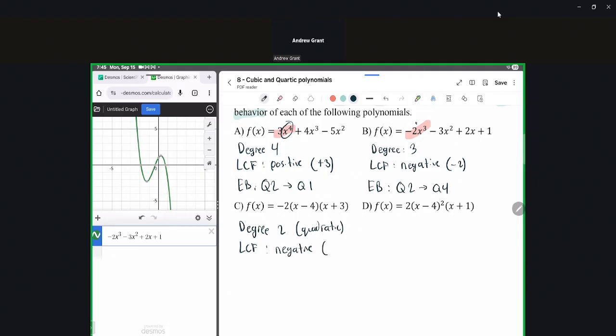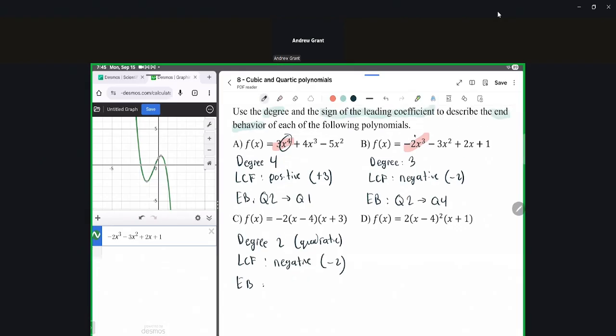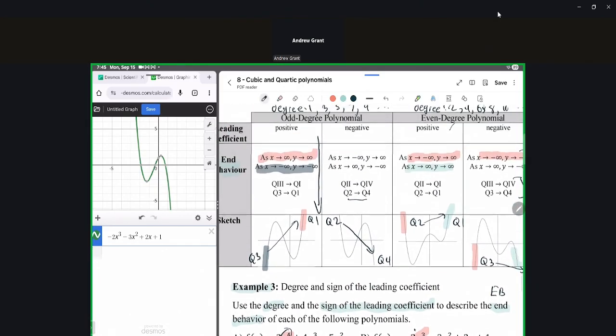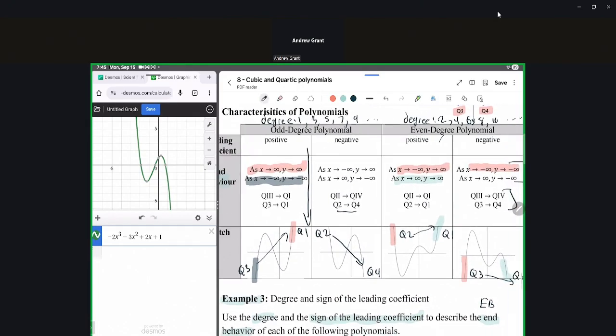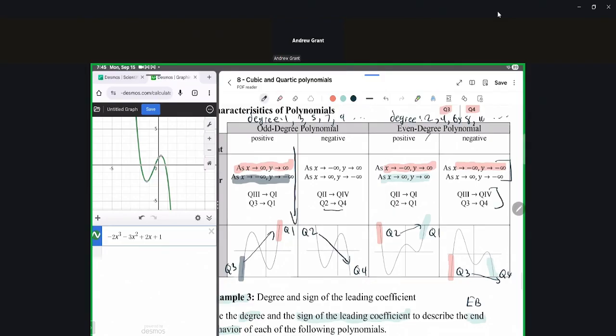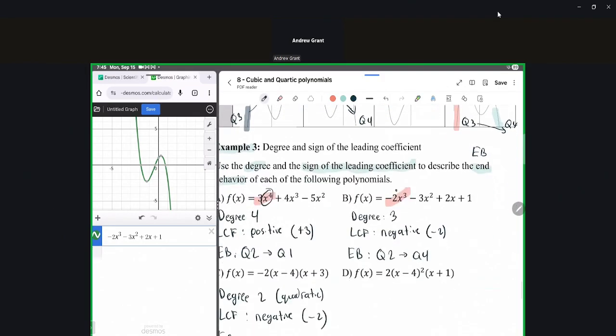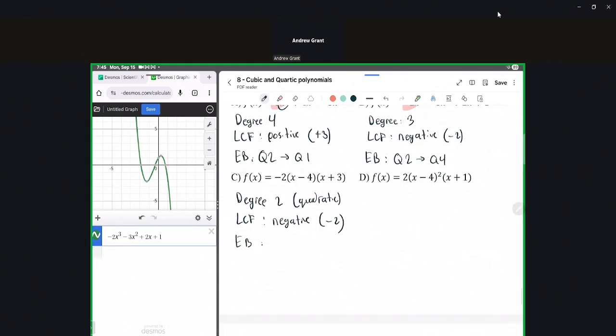And if you wanted to know, it's going to be -2. The end behavior, well, this is a normal quadratic that's upside down, but it's an even degree negative exponent, which means it starts in quadrant 3 and ends in quadrant 4. And so we can write the behavior as such. Quadrant 3 to quadrant 4.